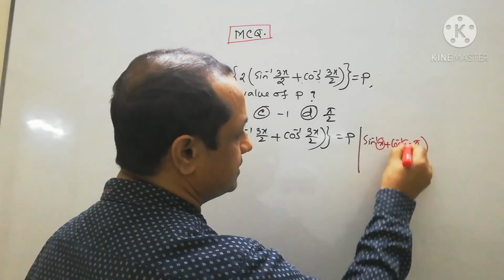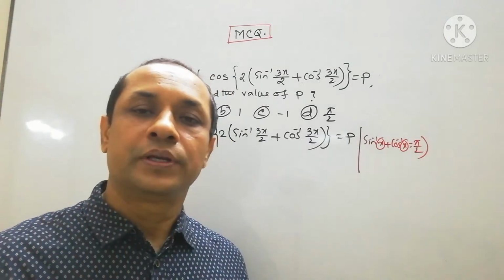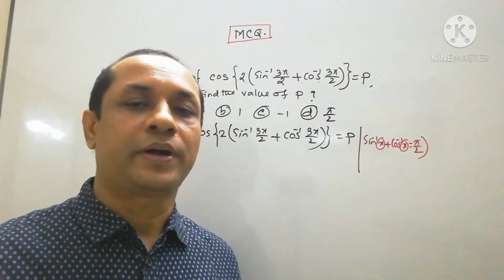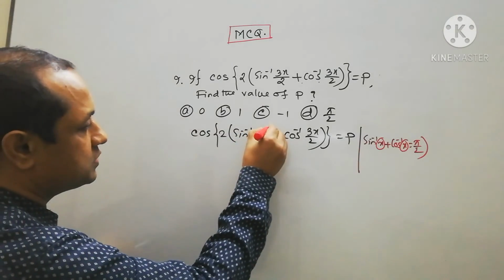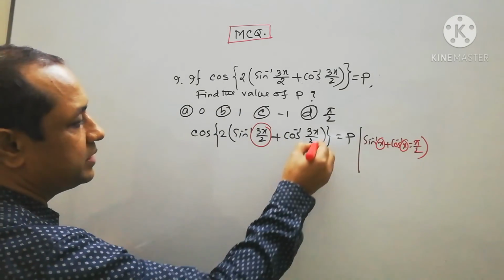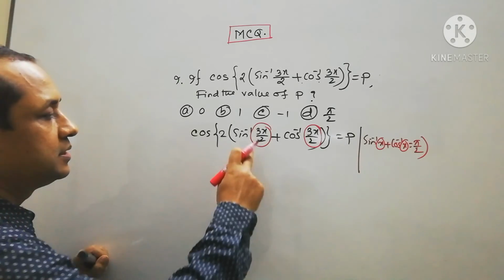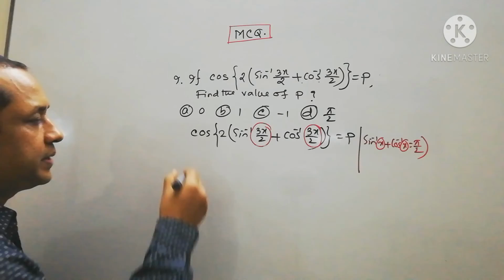Here 3x by 2 and 3x by 2, this angle and this angle are equal, so sin inverse x plus cos inverse x equals pi by 2.